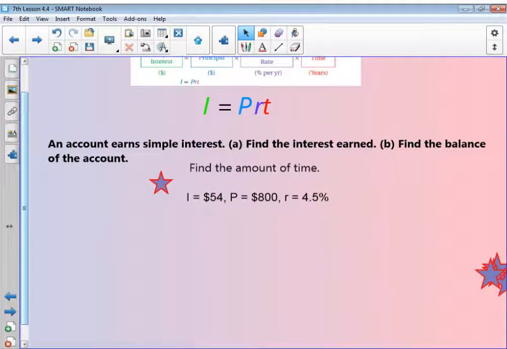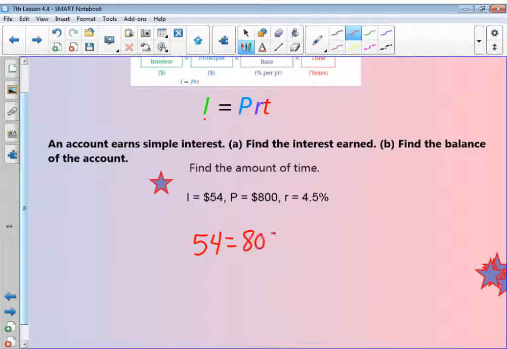So substituting into our equation, I was 54 equals, the P was 800. The R was 4.5%, so that's 0.045 as a decimal. And then times T, we don't know. Okay, so we're going to put those together. 800 times 0.045 gives me 36 times T, and then I have 54 here.